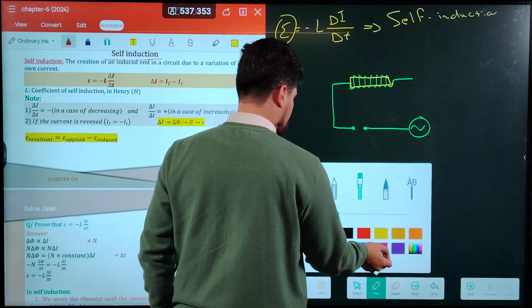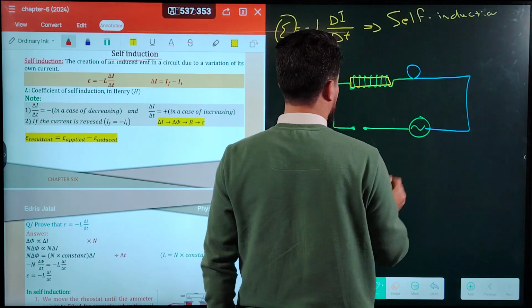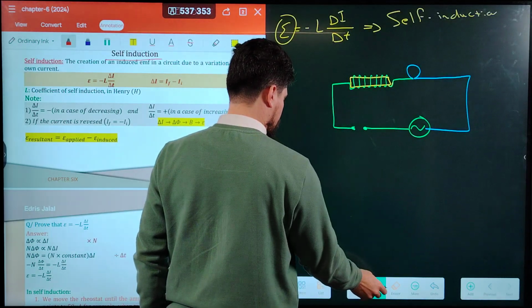And a light bulb is connected in this circuit. We have a resistance or light bulb, and this is a switch.